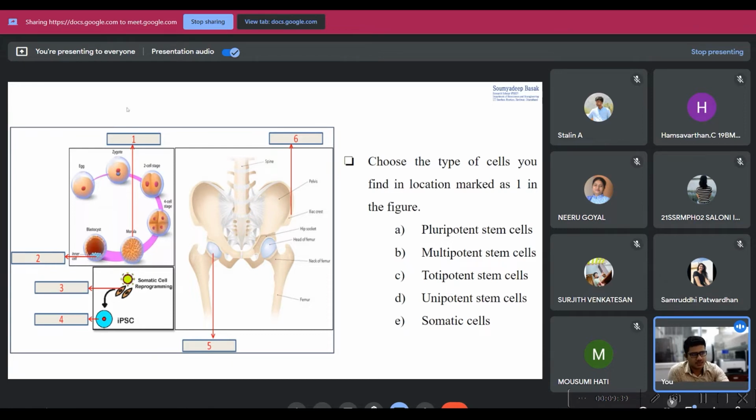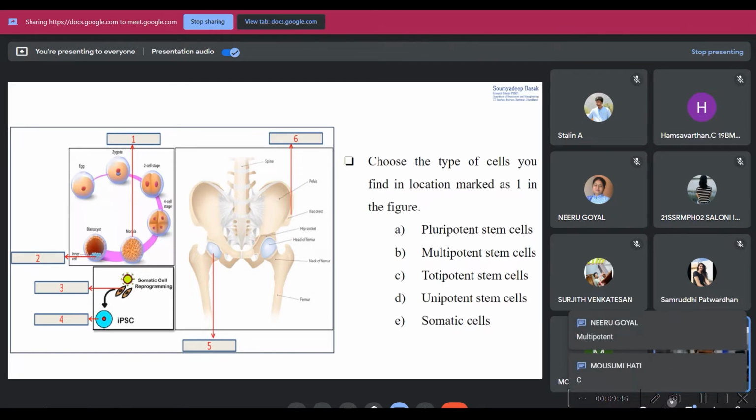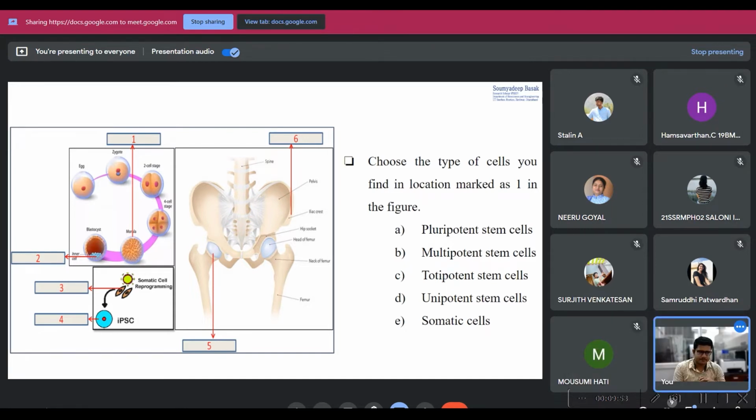You can see this 1 here. What kind is it? Okay, it is totipotent stem cells. Right? See, when we are talking about this kind of embryonic, pre-embryonic stages of cell harvesting, then their differentiation potential is much, much higher.